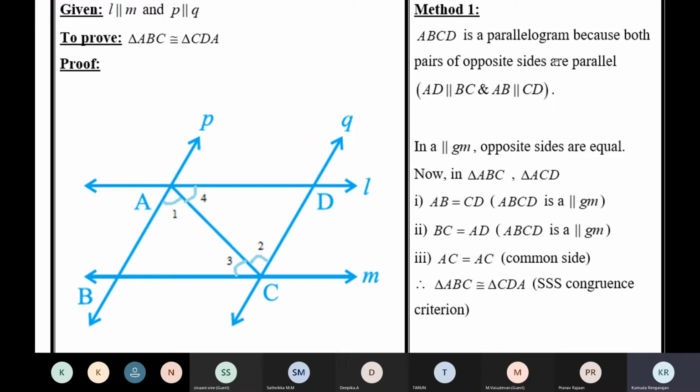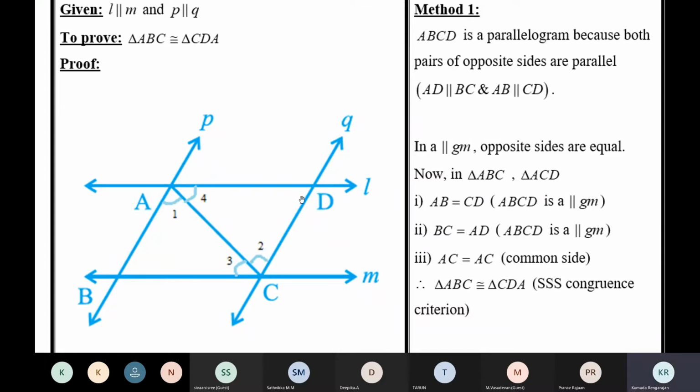Okay. Now in this method, ABCD is a quadrilateral. We're going to prove this in two different methods. This is method 1. Am I audible, children? Yes, ma'am. All right. So in this method, ABCD is a quadrilateral.